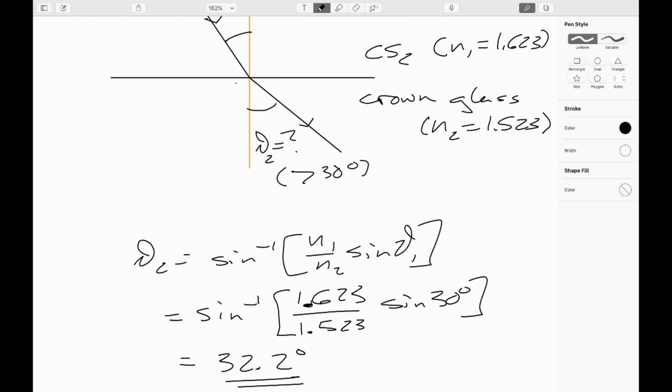And if n2 is bigger than n1, that means that we could potentially be taking the arc sine of a number bigger than 1. And if I put the arc sine of some number bigger than 1 into my calculator, depending on the manufacturer, I get various answers that all basically amount to the thing saying tilt. So what happens there?